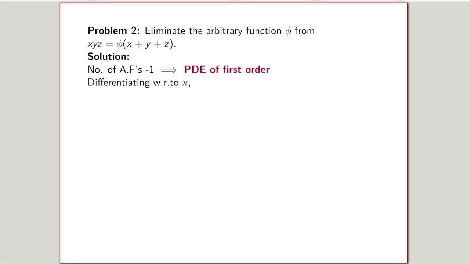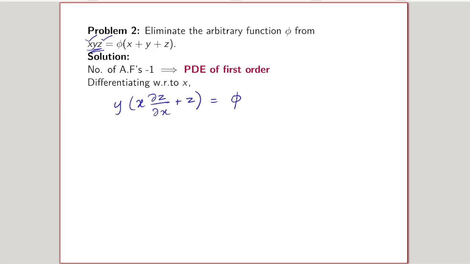Note that on the left hand side we are having x as well as z, so we have to use the product rule. Taking y outside, x into dou z divided by dou x plus, we will be differentiating x alone, so it will be z.